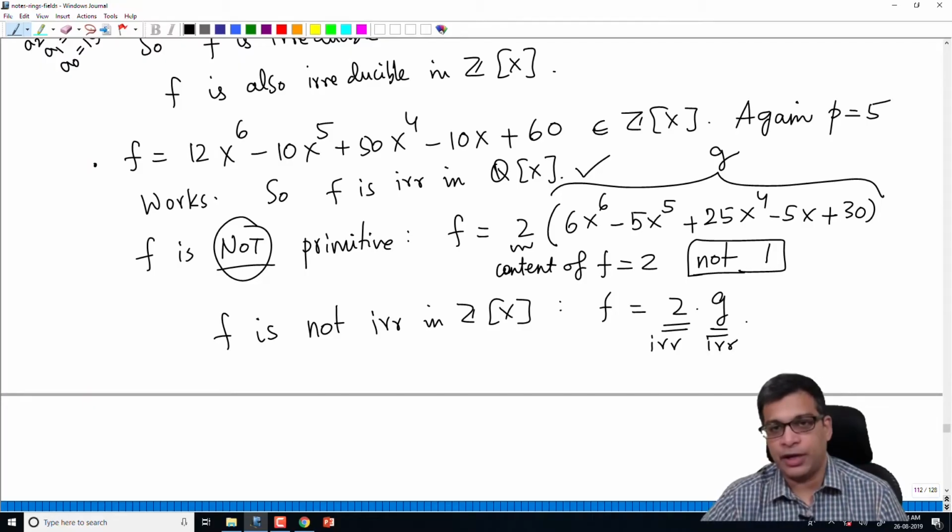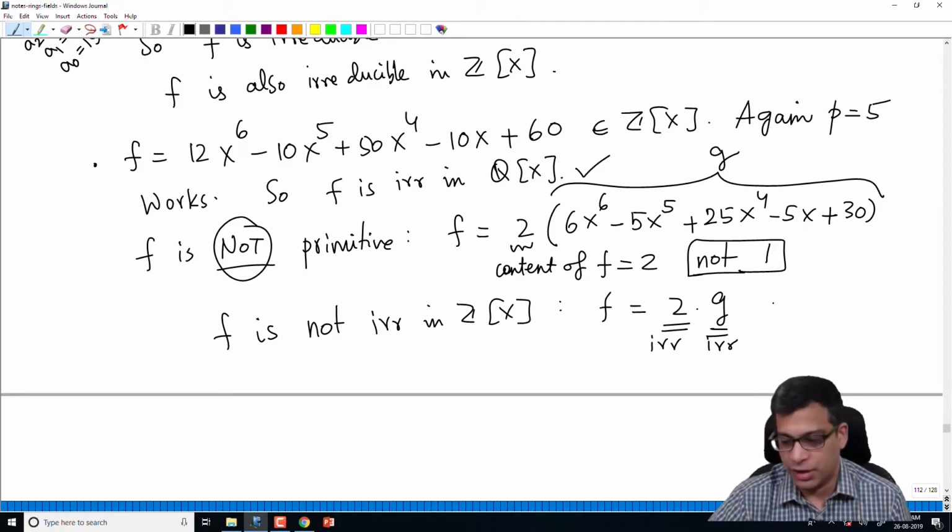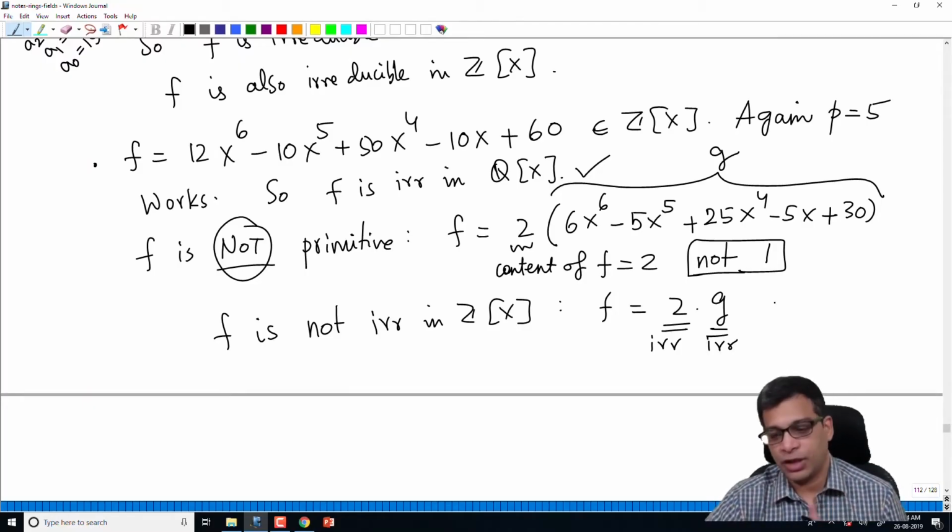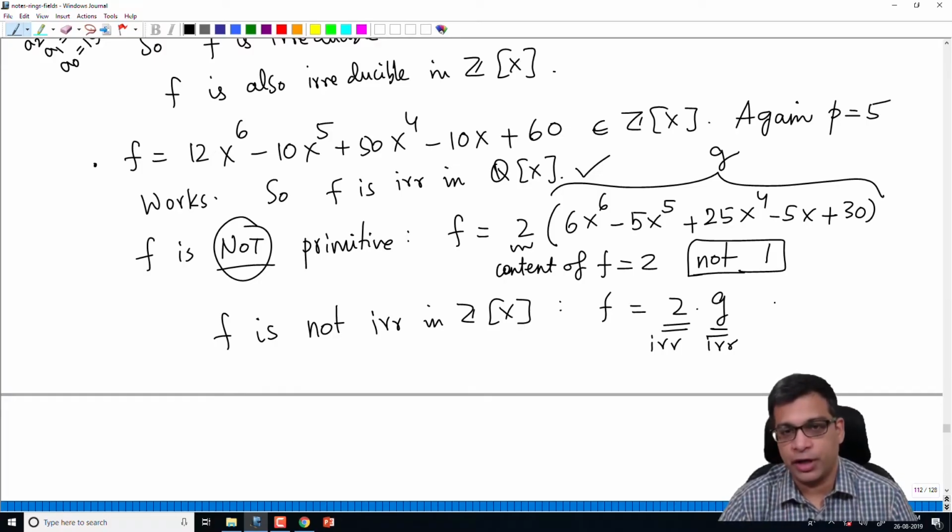So f can be written as a product of 2 irreducible polynomials. That means it's not irreducible. Whereas this is not a valid factorization in Qx, because 2 is a unit in Qx. So this is not a valid factorization into 2 proper irreducible divisors, whereas in Zx it is. So f is irreducible in Qx, but it's not irreducible in Zx.